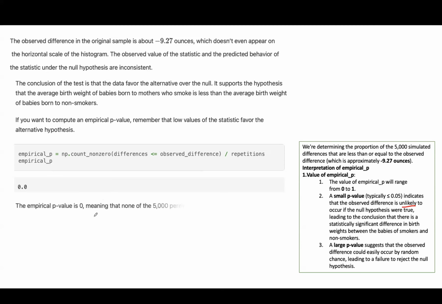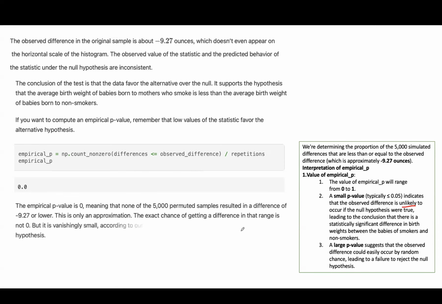The empirical p-value is 0, meaning that none of the 5,000 permuted samples resulted in a difference of negative 9.27 or lower. This is only an approximation. The exact chance of getting a difference in this range is not 0, but it's vanishingly small. So according to our simulation, we can reject the null hypothesis.